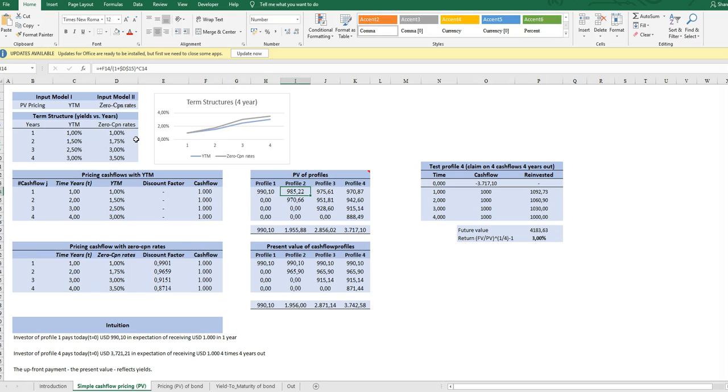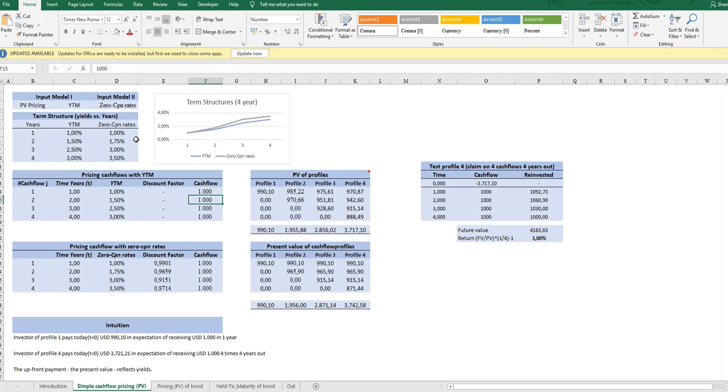And over here, I assume that we have 4 different investors for 4 different cash flow profiles. The first investor buys one cash flow 1 year ahead. The second investor buys a second product which has a cash flow in year 1 and one in year 2.